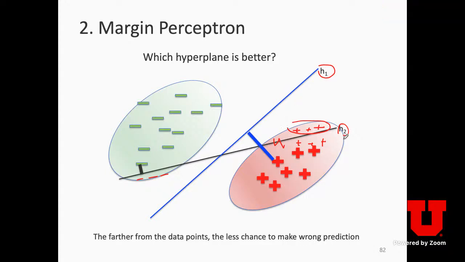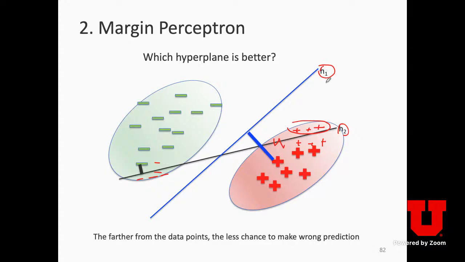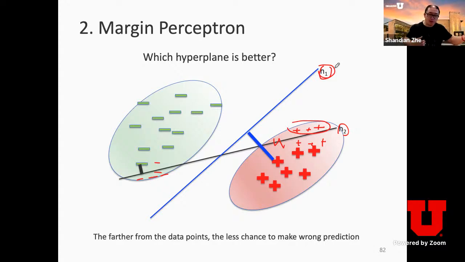So we have seen that because H2 is so close to all the training examples, it takes higher risk to pass through high density regions. As a consequence, those examples with the same label have a much larger chance to appear on both sides of the hyperplane, right? So that means H2 is more risky to make wrong predictions. By contrast, we see H1. H1 is further away from both training and test examples.